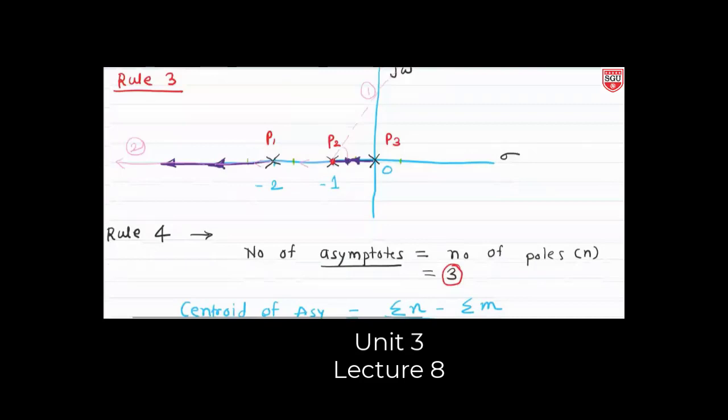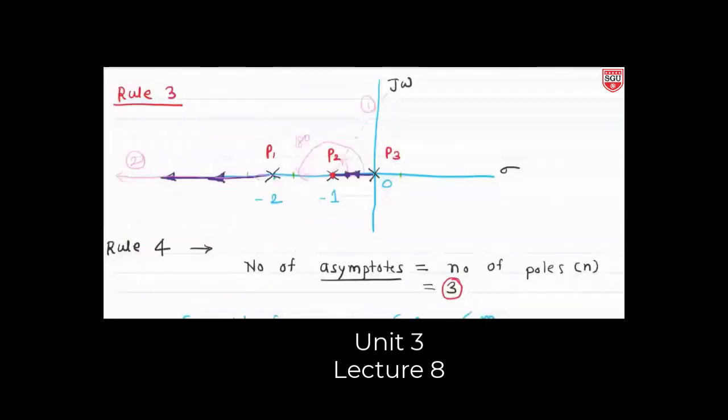And 300 is nothing but what? 360 minus 60, means minus 60 here. This will be 300. And this is our third asymptote. Is it clear? Is it visible?